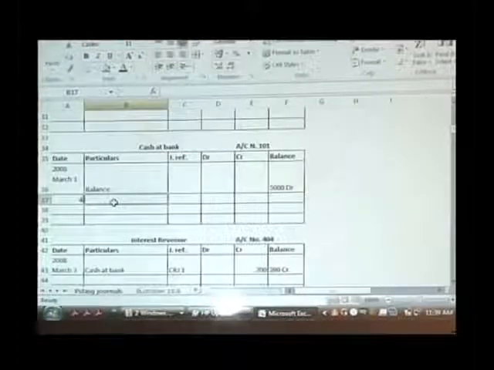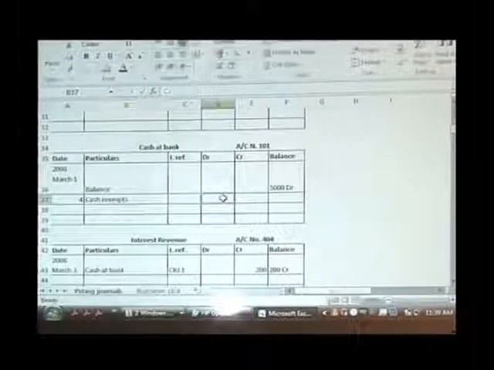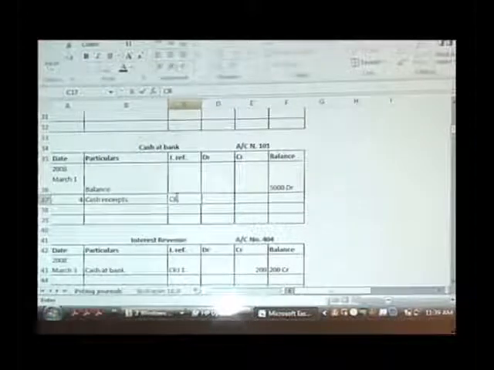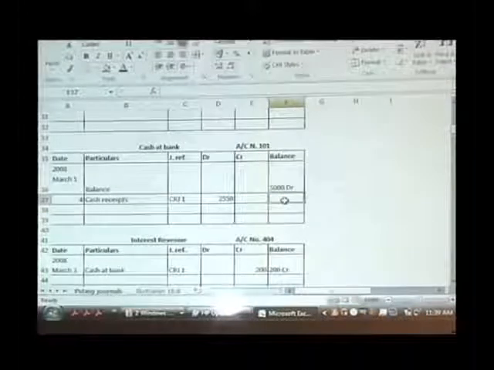Then we write here cash receipts, that is the total cash receipts for the period, coming from the cash receipts journal, page number 1. Cash receipts total debit 2,550, and the total is now 7,550 debit.